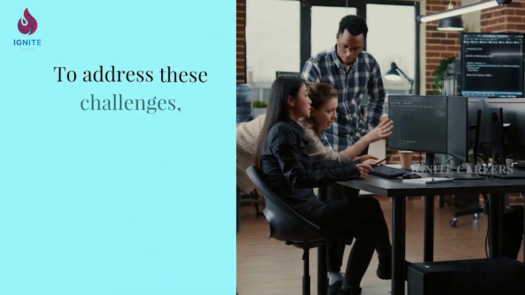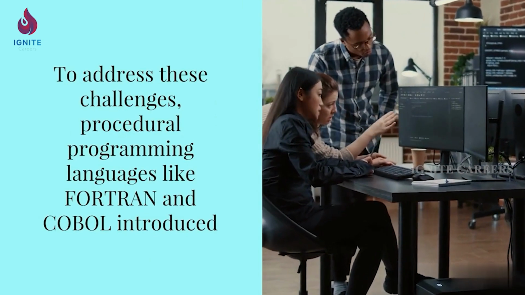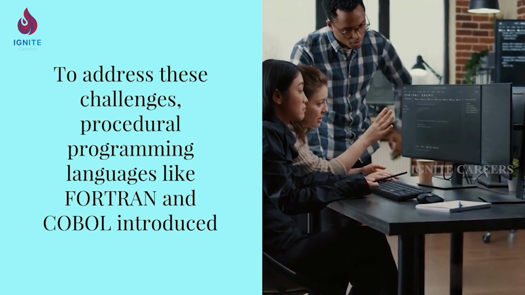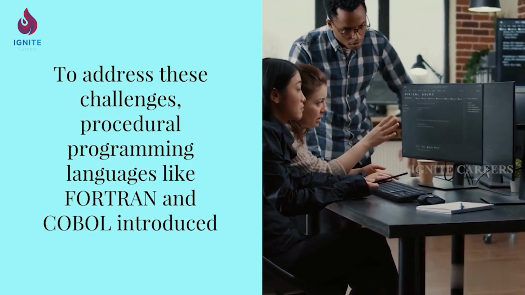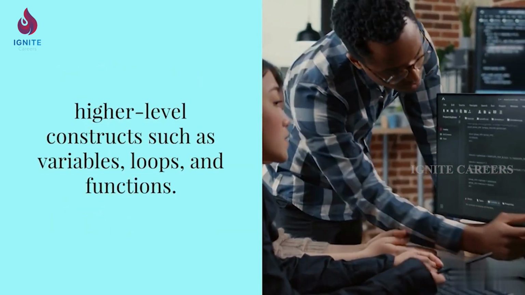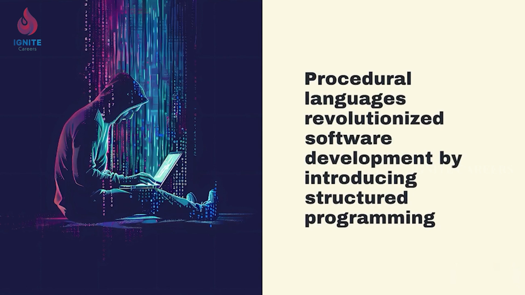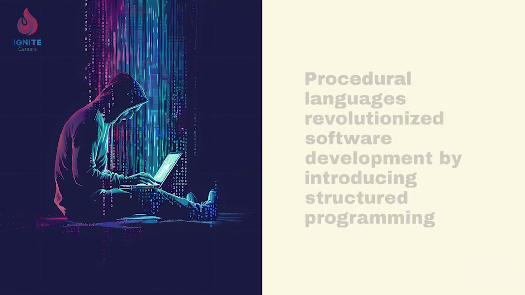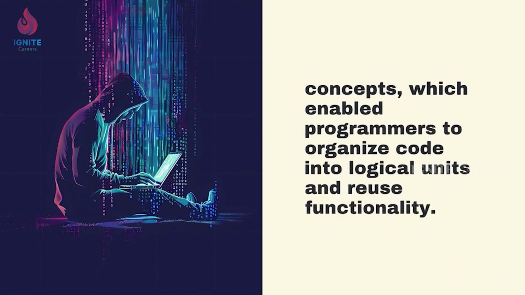To address these challenges, programming languages like Fortran and COBOL introduced higher level constructs such as variables, loops, and functions. Procedural languages revolutionized software development by introducing structured programming concepts, which enabled programmers to organize code into logical units and reuse functionality.